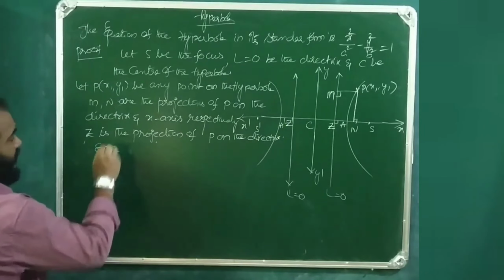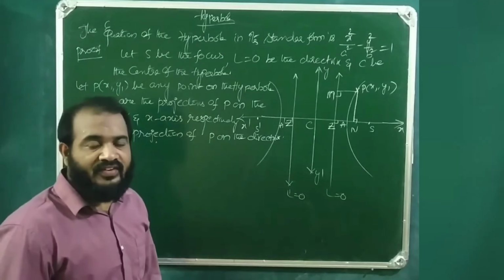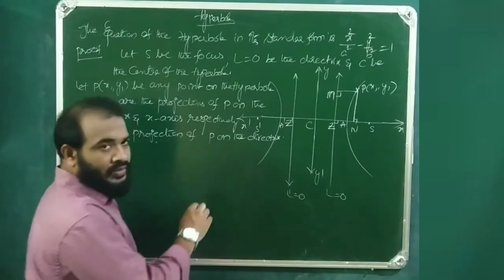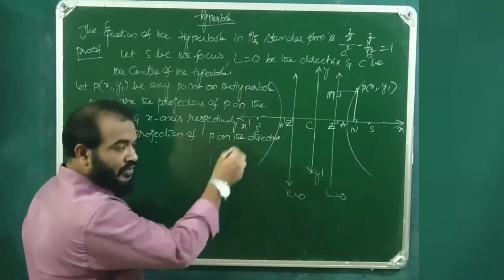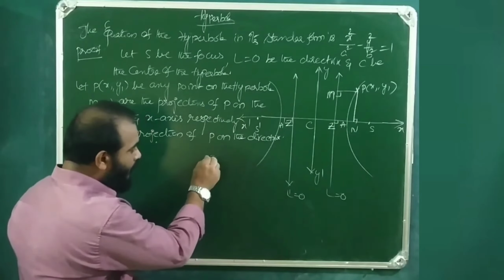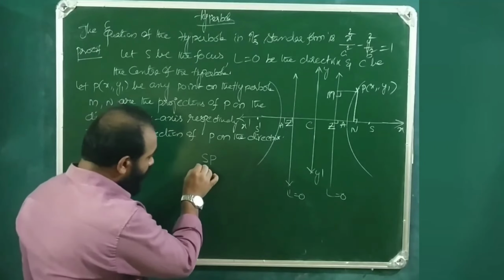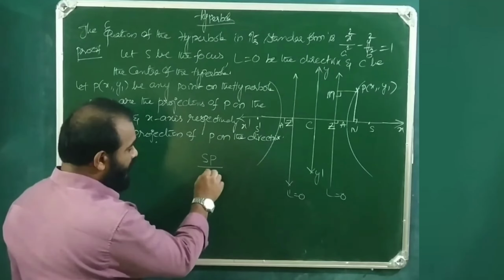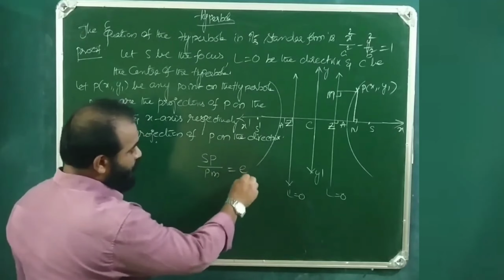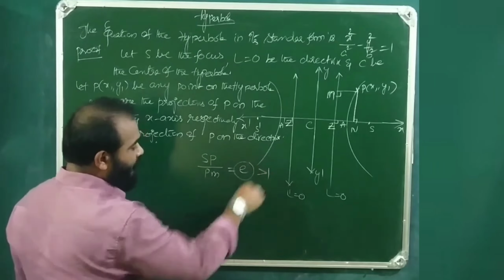Since the eccentricity E, what is the eccentricity? The locus of a point which moves in a plane so that P's distance from a fixed point to that of P's distance from a fixed line is equal to E, and this E is greater than 1.